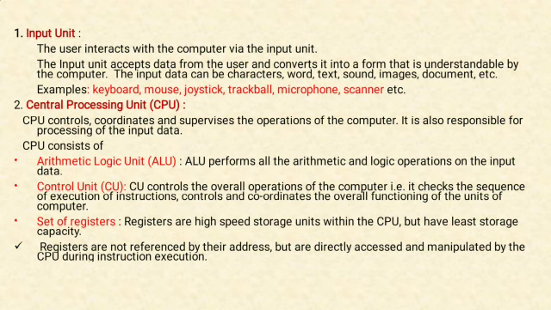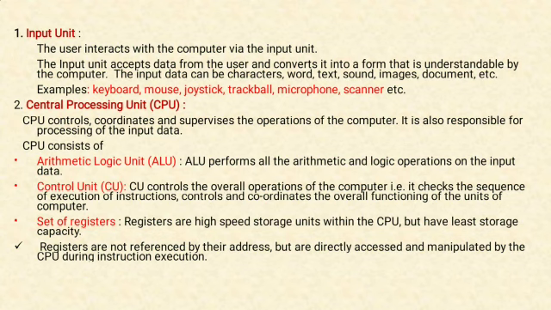So, three things are the major parts of CPU. The arithmetic and logic unit performs all arithmetic and logical operations. Addition, subtraction, multiplication, division are some of the arithmetic operations. Logical AND, logical NOT, and logical OR are some of the logical operations.